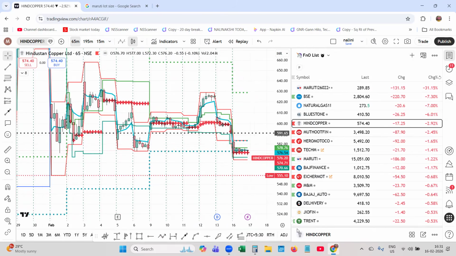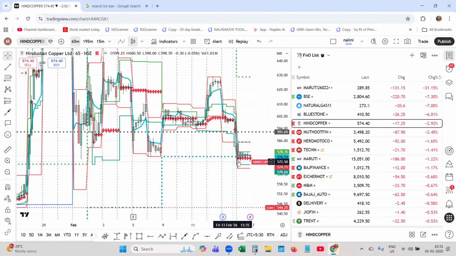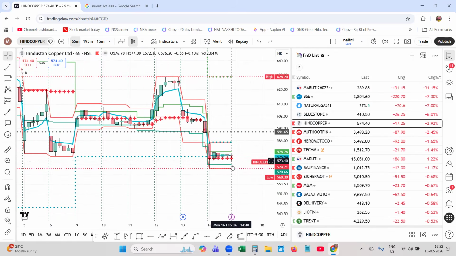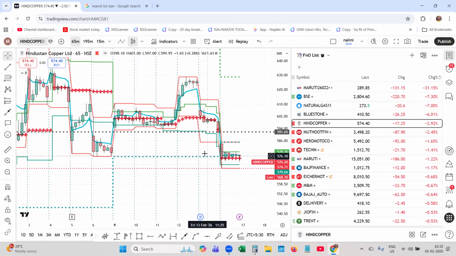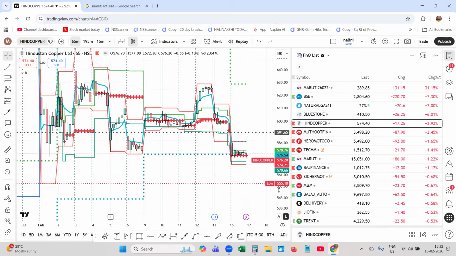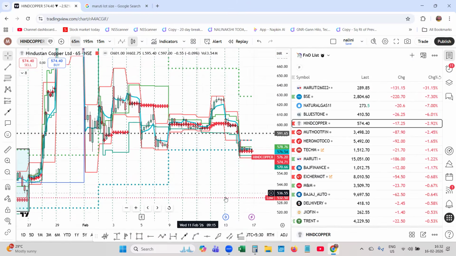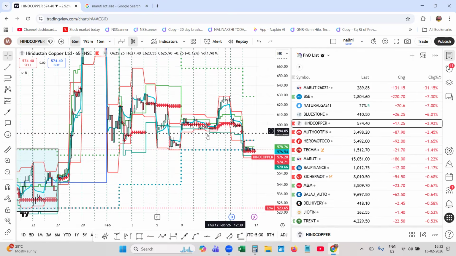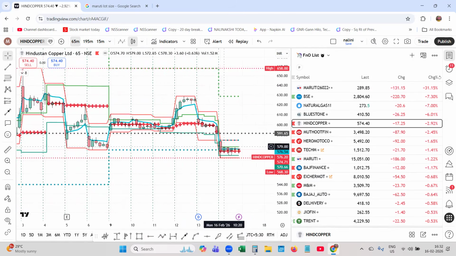It has not moved higher, and this is a bearish move. It is showing consolidation at the bottom, so there is no defense. Probably it may continue its down move further. So okay, it is undergoing consolidation.